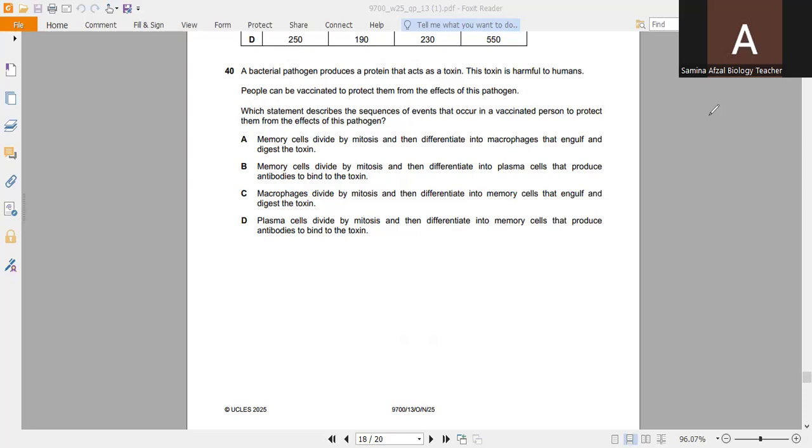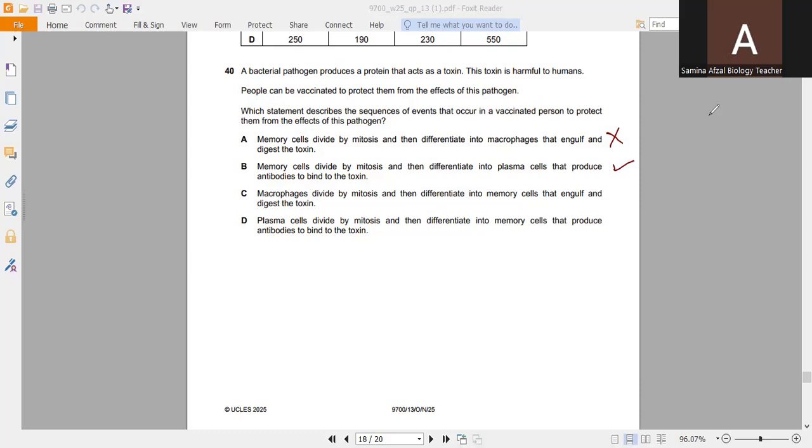Memory cells do not differentiate into macrophages; macrophages develop from monocytes. Then statement B: memory cells divide by mitosis and differentiate into plasma cells that produce antibodies to bind to the toxin. Yes.